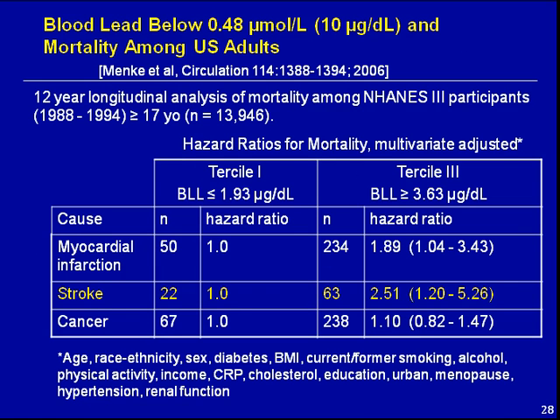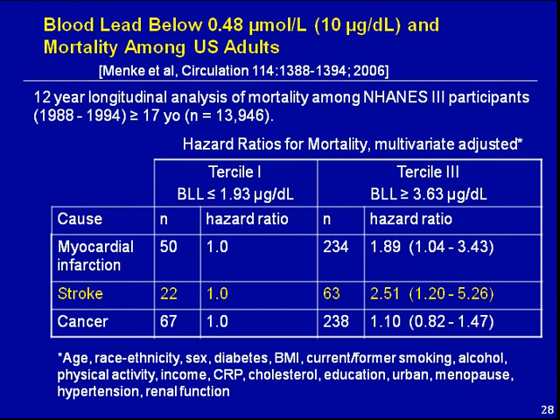And you can see that taking individuals in the highest tercile of blood lead concentration, comparing them to those in the lowest tercile of blood lead concentration, there was a 1.89 increased risk of having a myocardial infarction and a 2.5-fold increased risk of having stroke.